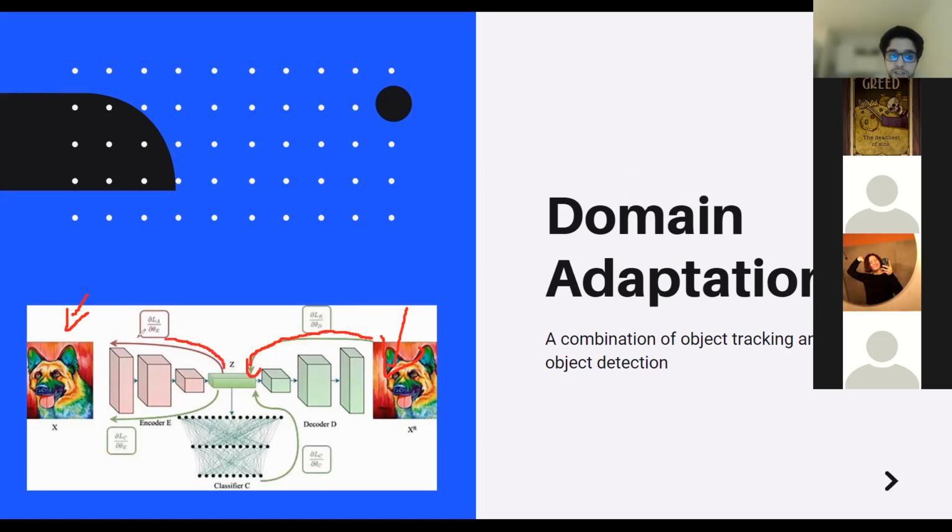So the encoder is trying to not generate the image back, right? It's trying to filter out any information that can be useful for the decoder. So it's trying to basically remove all this information that is extracted about the original image.